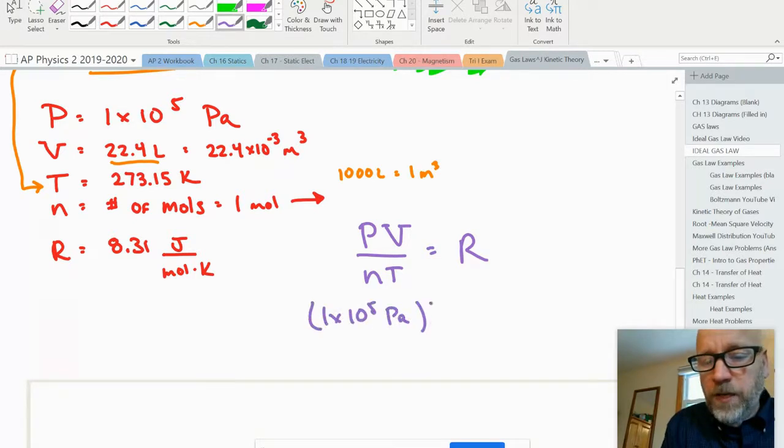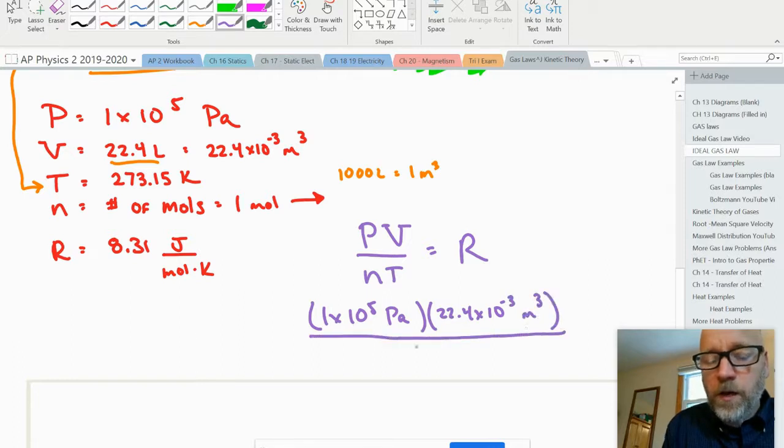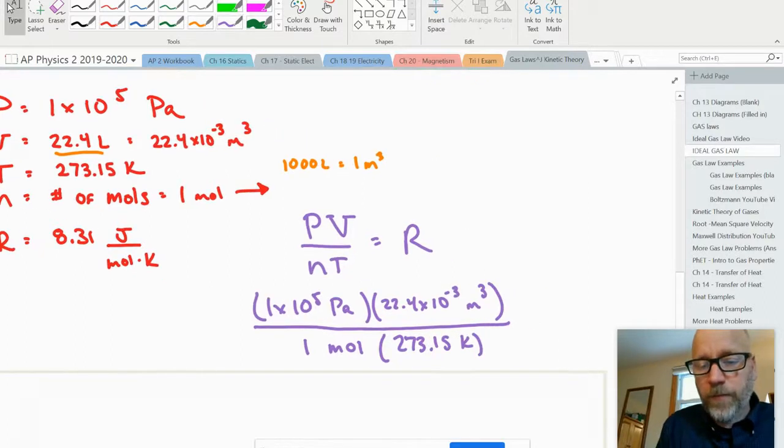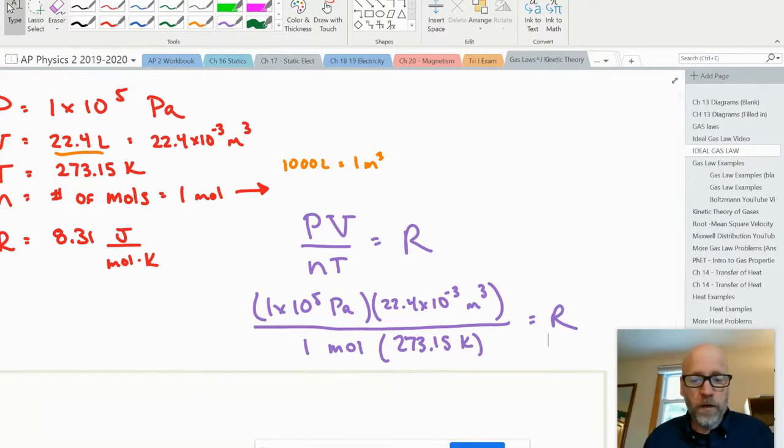So I got 1 times 10 to the 5th pascals, times 22.4 times 10 to the minus 3 meters cubed, divided by 1 mole times 273.15 Kelvin, gives you R.